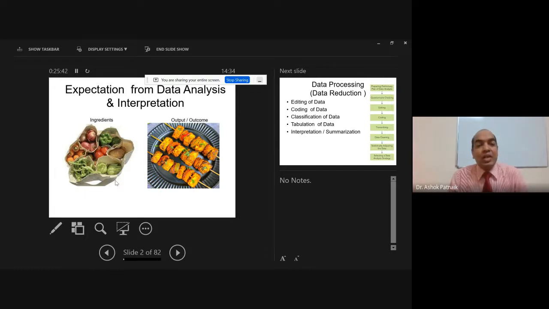Raw data is a kind of ingredients, and they expect you to come up with some kind of finished dish or finished recipe. So this is the entire journey which you will be taking during the data analysis and interpretation process, converting the raw material into finished products, and then the presentation part will be taken care of by the report or the presenter who is going to present this thing.